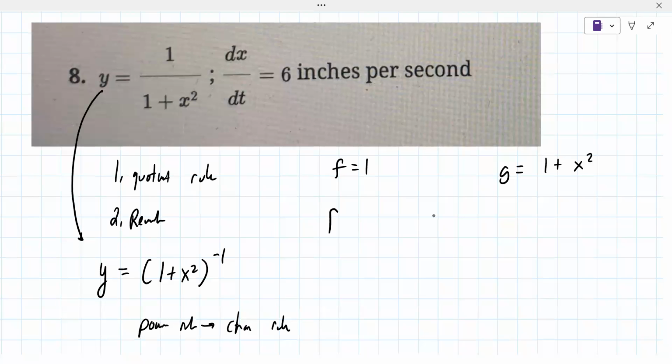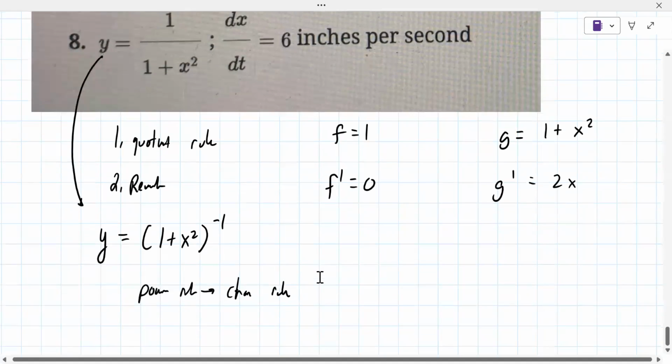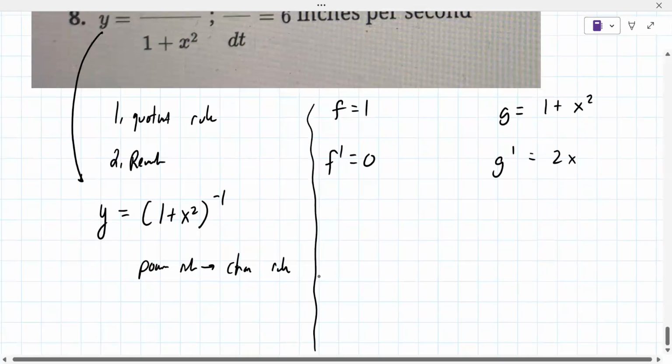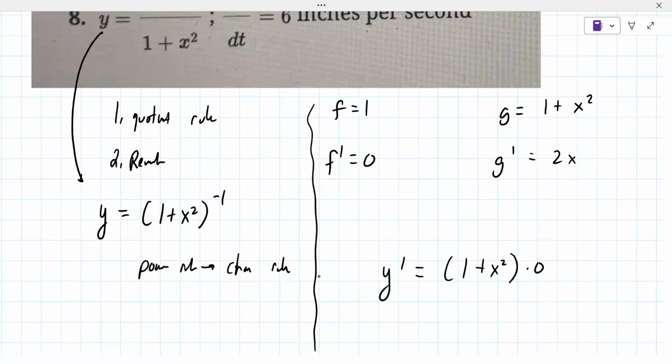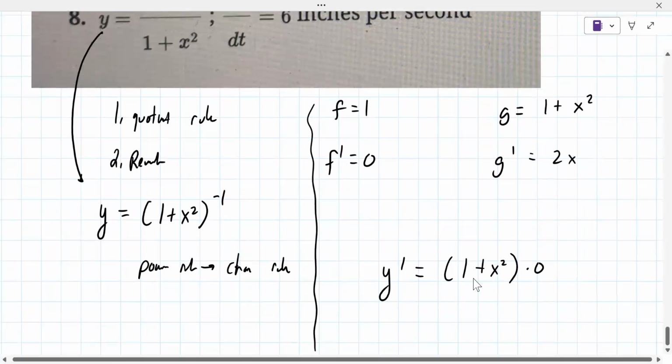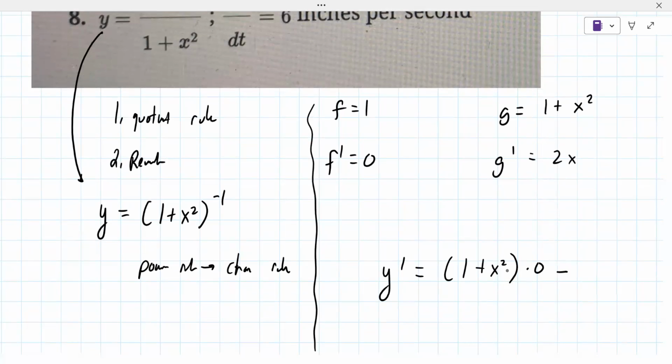So quotient rule, F prime is 0, G prime is 2x. So your derivative, y prime is 1 plus x squared times 0. And so that's where there's the shortcut, because this goes away. Minus 1 times 2x over 1 plus x squared squared.